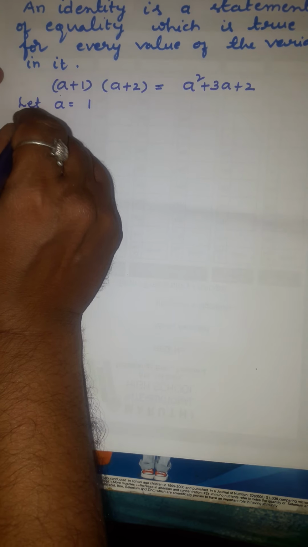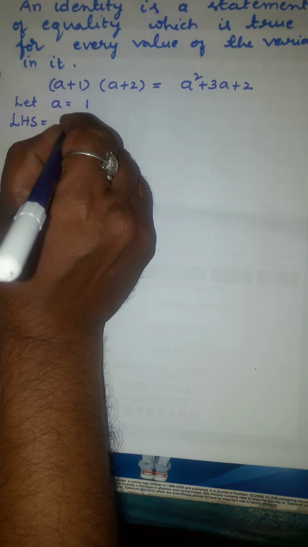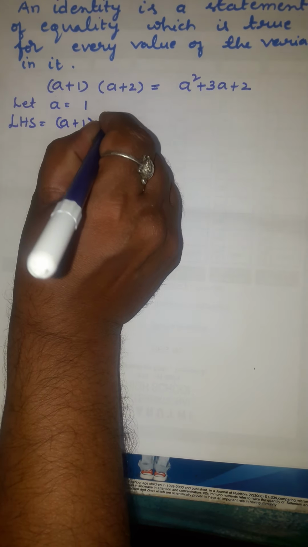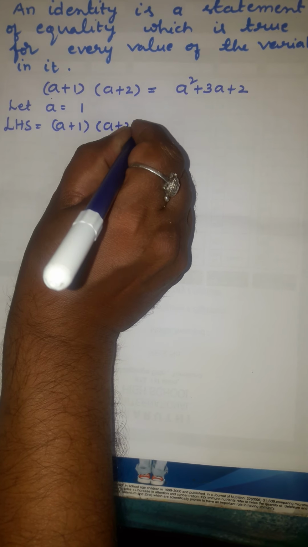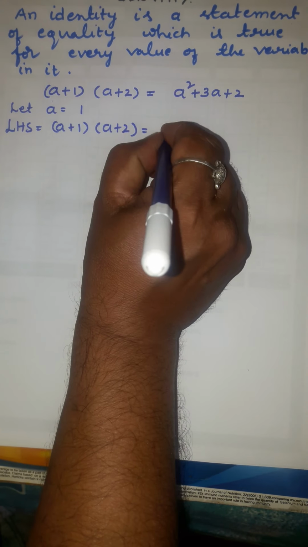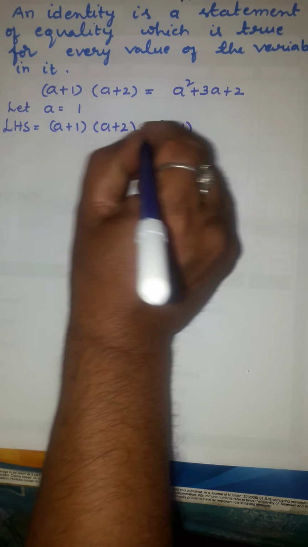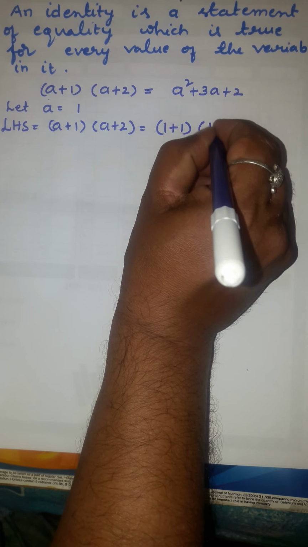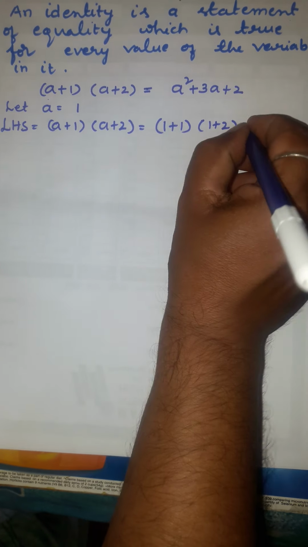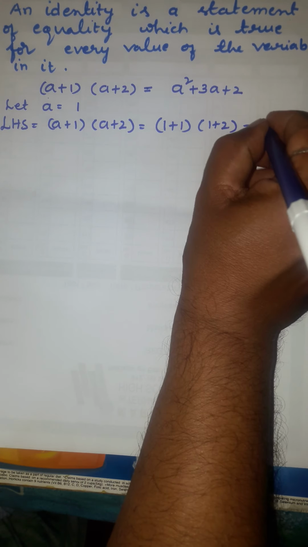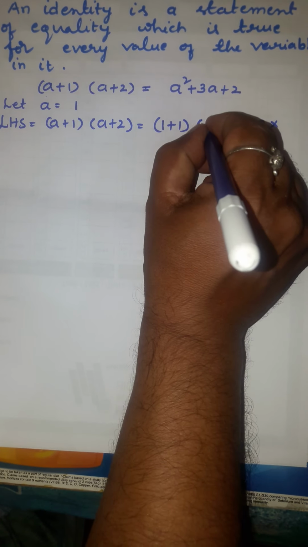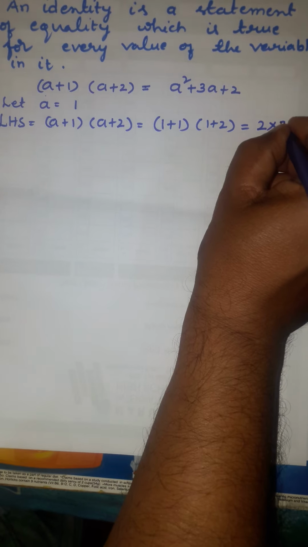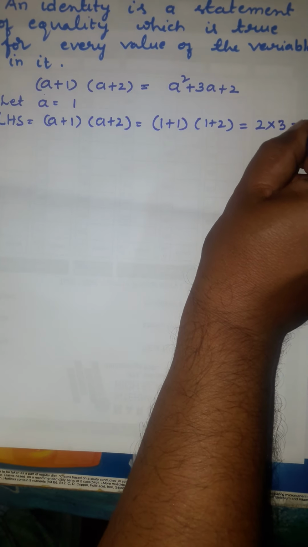So LHS is equal to a plus 1 into a plus 2. In the place of a you write 1: 1 plus 1 multiplied by 1 plus 2. So that is 1 plus 1 is 2, into 2 plus 1 is 3. So 3 into 2 is 6.